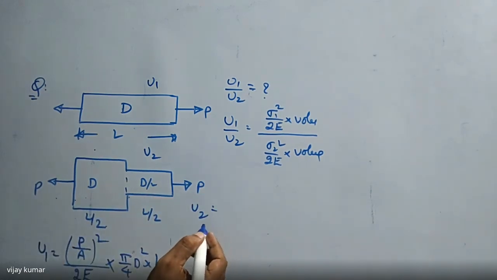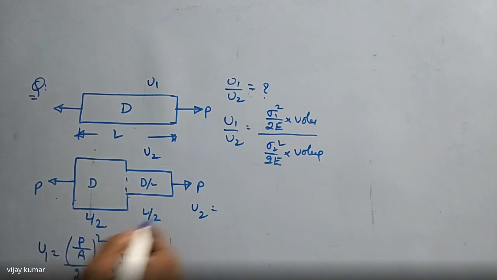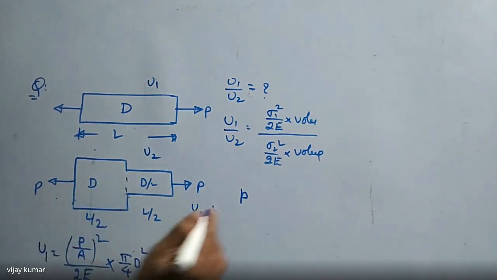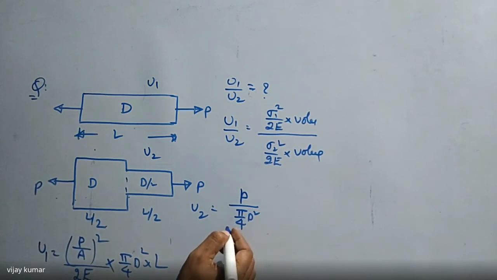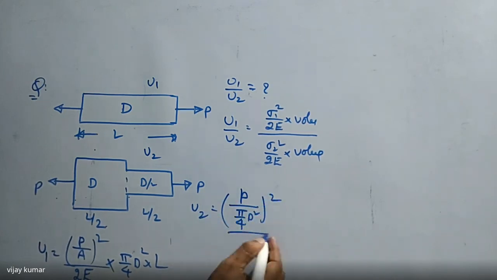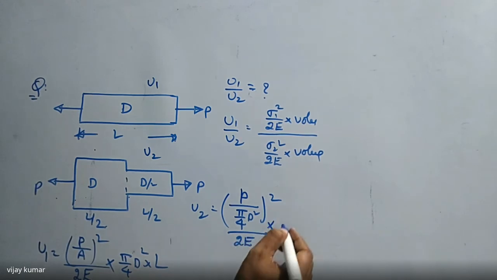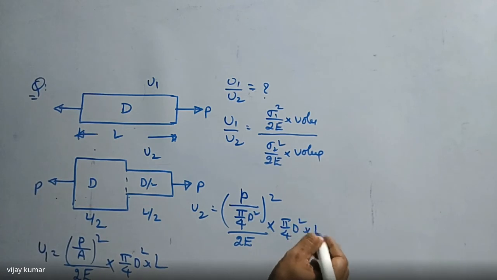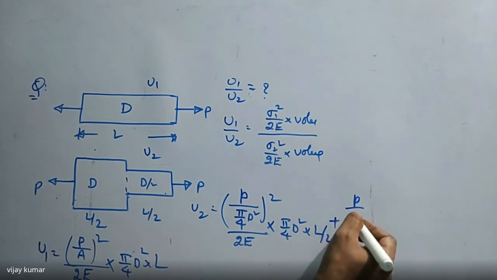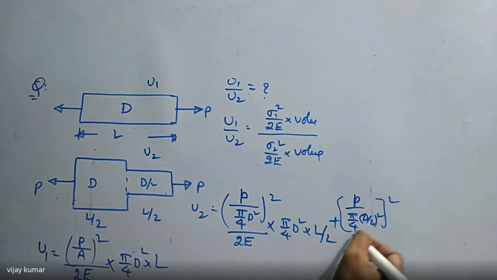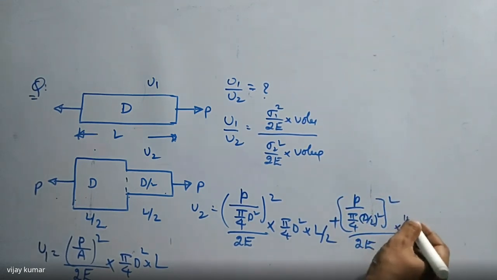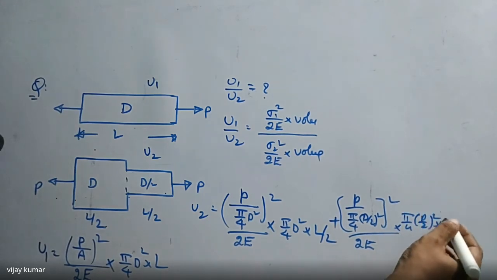Then we can write here, P by A. So on this portion, P by A is nothing but P by pi by 4 into capital D square, that is whole square, divided by 2 times of E into area pi by 4 into D square into L by 2, plus this strain energy, that is P divided by pi by 4 into (D by 2) whole square, squared, divided by 2E into pi by 4 into (d by 2) all square into L by 2.